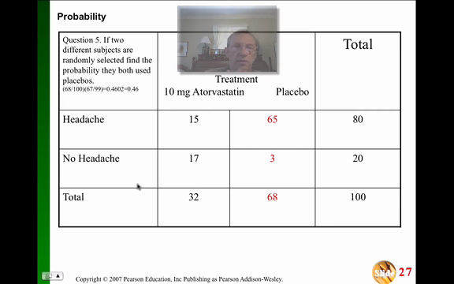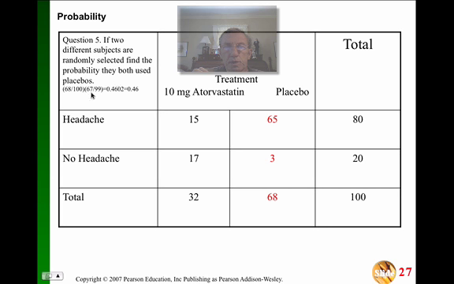Question 5. Two different subjects are randomly selected. Find the probability they both used placebos. This is the multiplication rule. We're going to take two subjects. Our first subject we're going to select out of 100, and we say they had a placebo. So 68 out of 100, 68% chance. What's the likelihood that we'll get two in a row? Well, we multiply the likelihood of the first event, 68 over 100, times the likelihood of the second event.